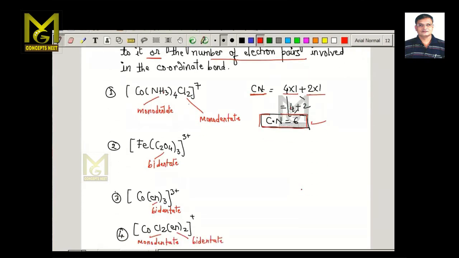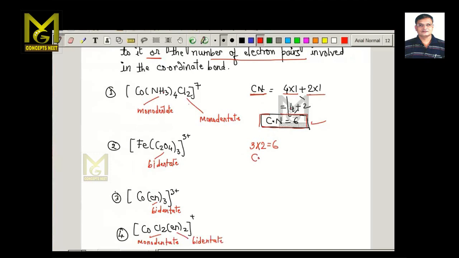If we look at the second example, we have oxalate. This is the ligand, and this ligand is a bidentate ligand. Therefore, to calculate the coordination number, 3 into 2 is equal to 6.